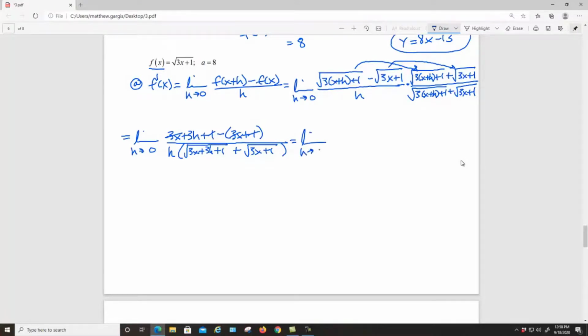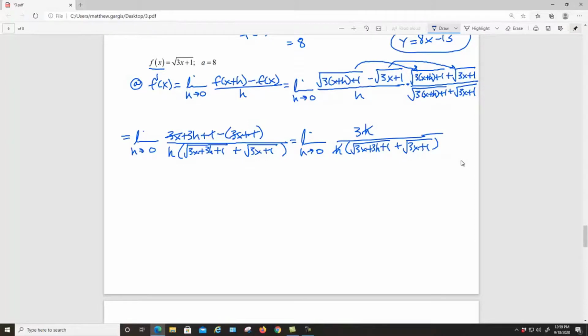as h approaches 0 of 3h over h times root 3x plus 3h plus 1 plus the square root of 3x plus 1. And then the h's will cancel. So I'm left with 3 over that.